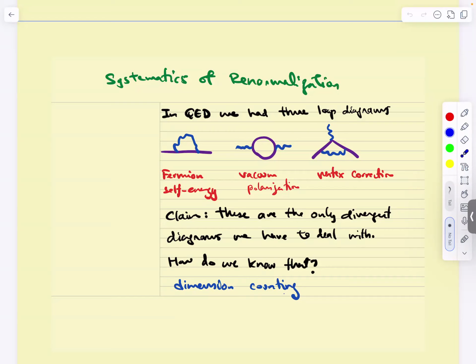Okay, so I think we discussed this in QFT1. Let me remind you something about QFT1. If we didn't discuss it, I guess now I'm saying it. If you have a non-relativistic system, you could have scale invariance, but not conformal symmetry.